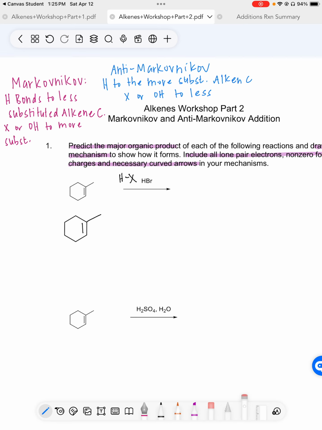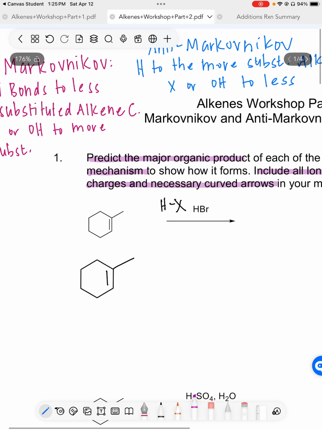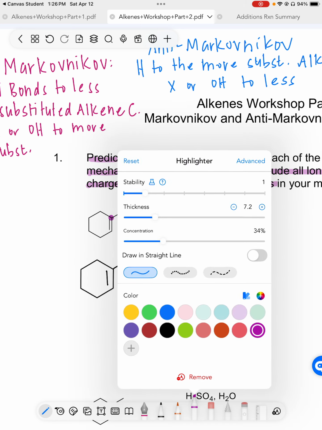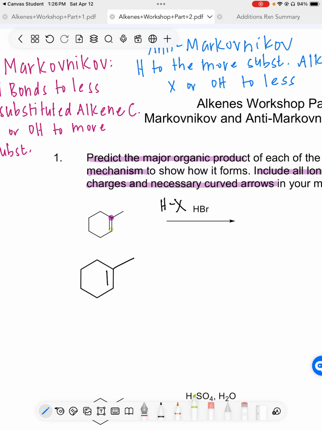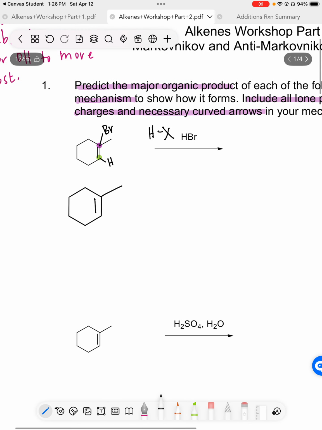If we are looking at the original, we're only looking at the alkene carbons. That's my more substituted alkene carbon. This is my less substituted alkene carbon. So right away, you could predict that our Br is going to add to the more substituted, and that the H, which we don't ever draw in, bonds to the less substituted. So we can predict the product pretty easily by just looking at it.